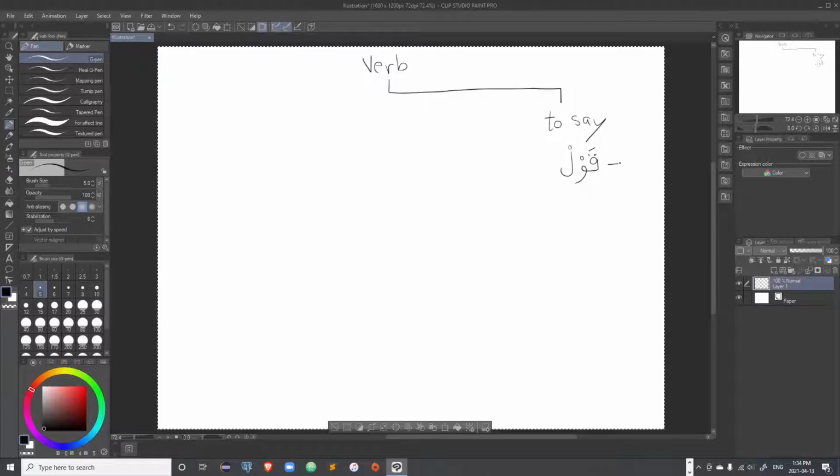That is the noun. I'll put an N to indicate that it is a noun. The root verb form of it is, and remember, we reverted to the past tense and used the conjugation for he, or huwa. This would be qala.